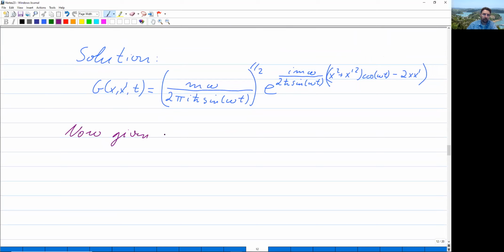given an initial wave function, let's call it psi naught of x.